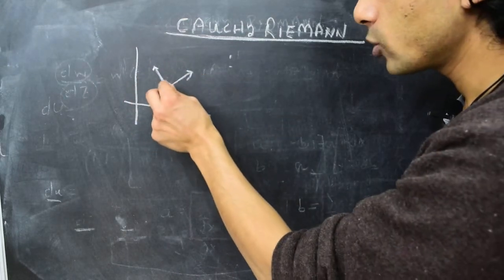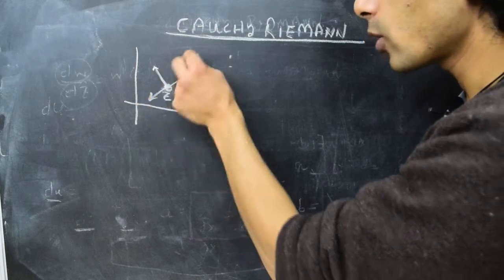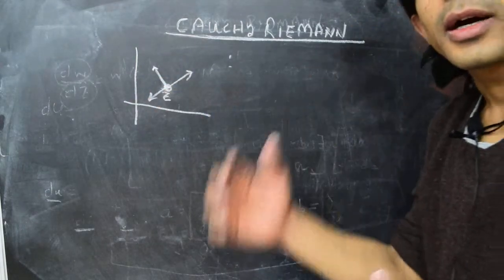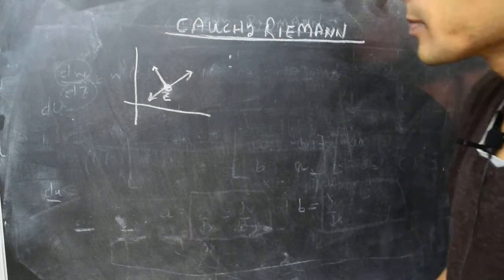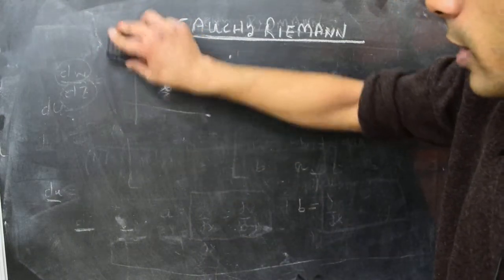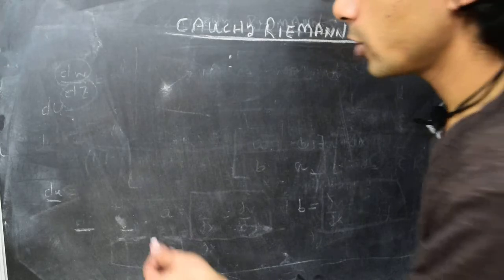So the derivative should only be a function of the point z and not the direction that we move. We'll make use of this fact to derive the Cauchy-Riemann conditions now.